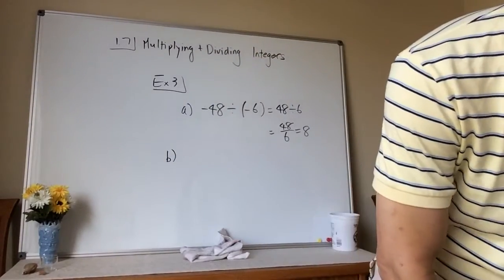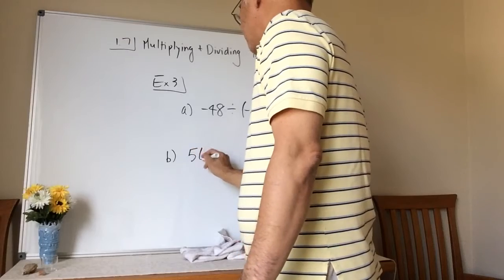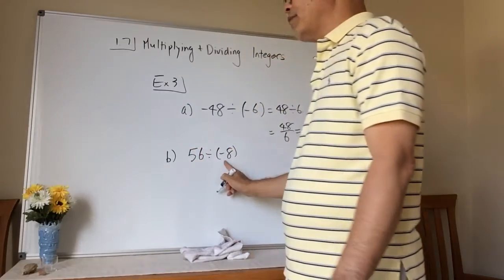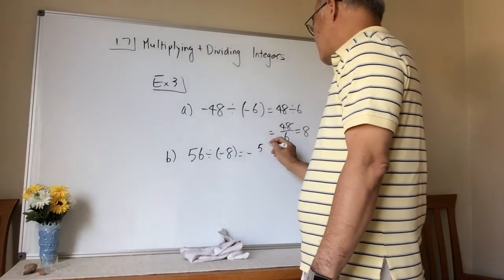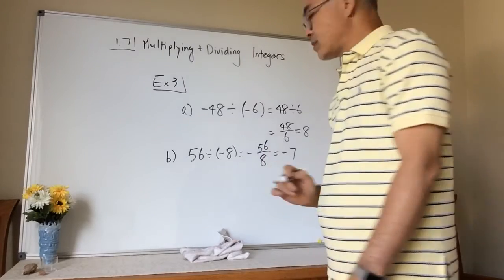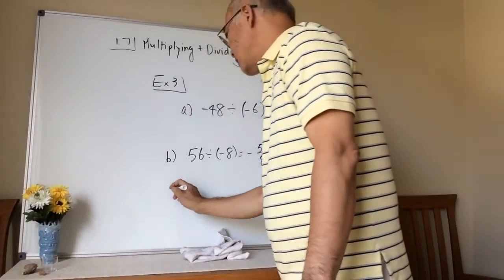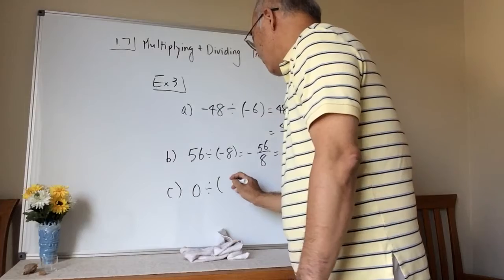On B, we have 56 divided by negative 8. A positive number divided by a negative number gives a negative number altogether, so it's negative 56 divided by 8, which is negative 7. And in C, we have 0 divided by 9.